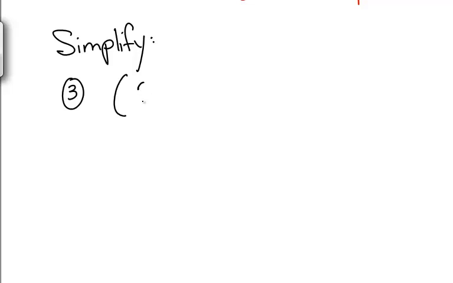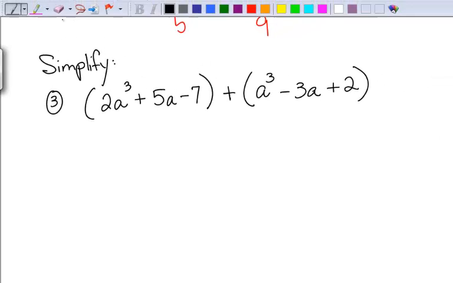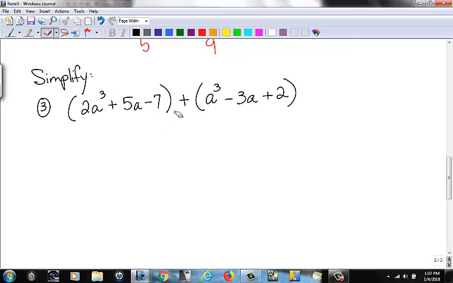Say I give you the quantity 2a to the 3rd plus 5a minus 7, close the parentheses, plus the quantity a to the 3rd minus 3a plus 2. Oh, wait a minute. Change this. One more thing. Change this. That's a minus sign to start. That's my fault.